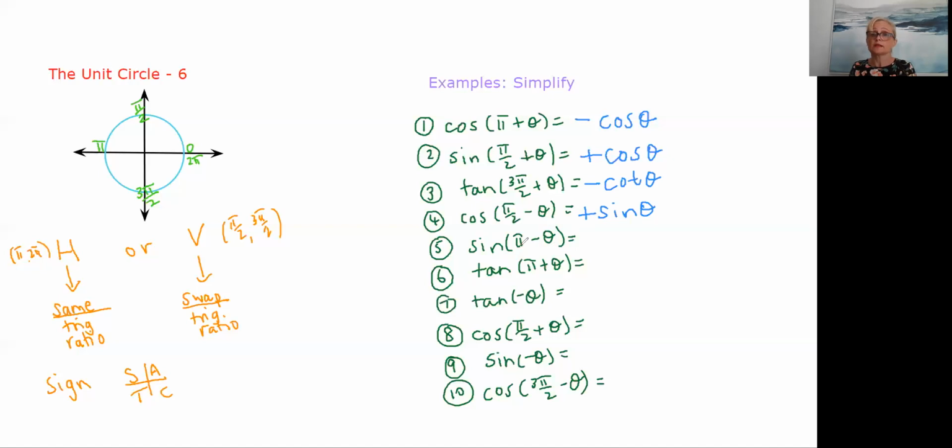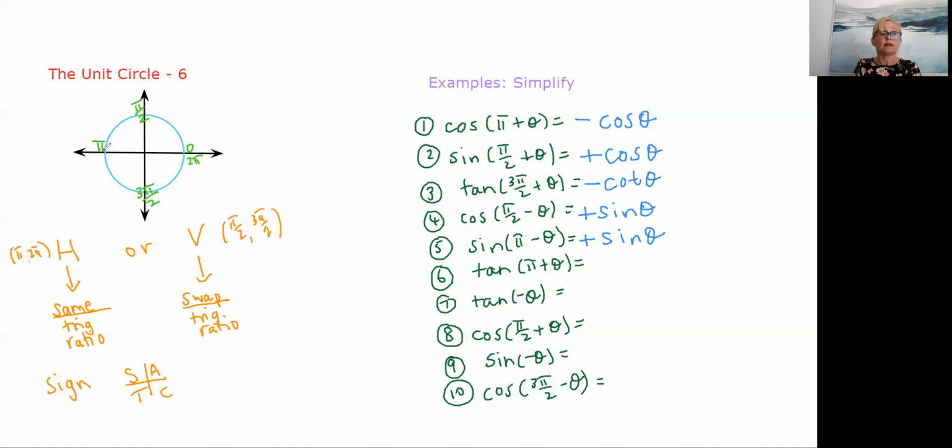Sine of pi minus theta, horizontal or vertical? Horizontal, isn't it? So it will be the same trig ratio. We are in our 2nd quadrant and sine is positive there. So we've just in fact shown that cos of pi on 2 minus theta is the same as sine of pi minus theta, interestingly enough.